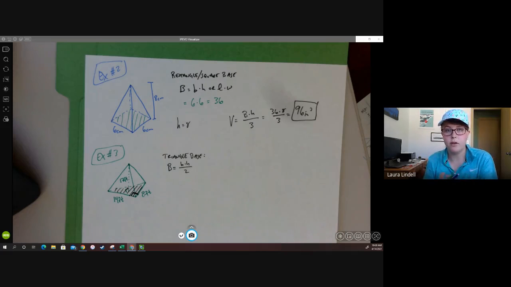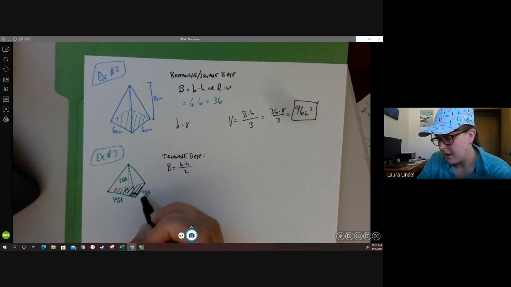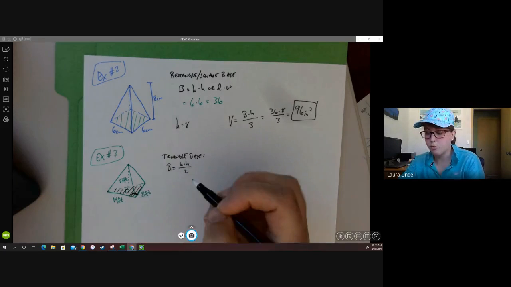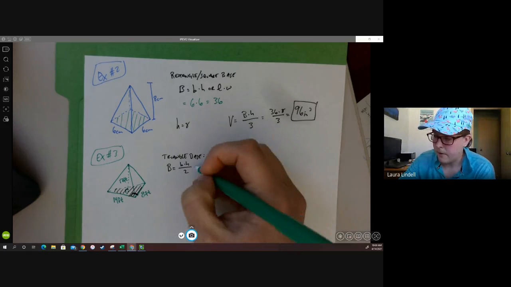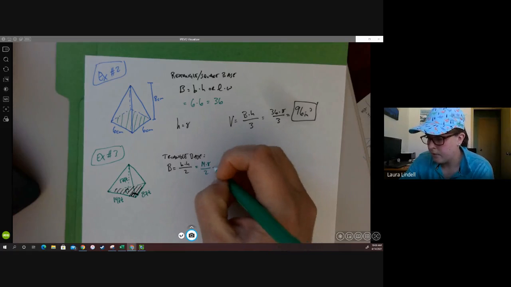And it doesn't matter which one is which, because from one perspective, this could be the base and this could be the height. From another perspective, this could be the base and this could be the height. And since we're multiplying, we can multiply in any order that we want to. So for our area of the base, we're just going to go 14 times 8 divided by 2.